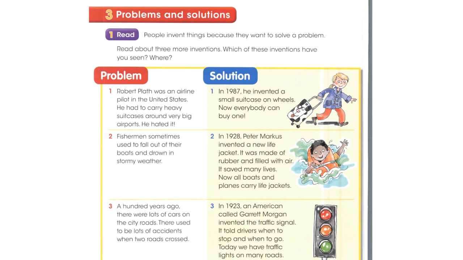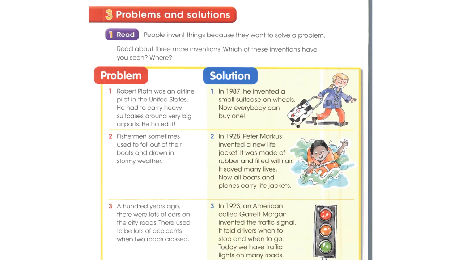Of course, when you are traveling, if you want to go to another country, you have very big suitcases, and you see those suitcases have wheels. Do you know who invented it? Robert Plath. And before, there was a problem. He used to carry heavy suitcases around very big airports.